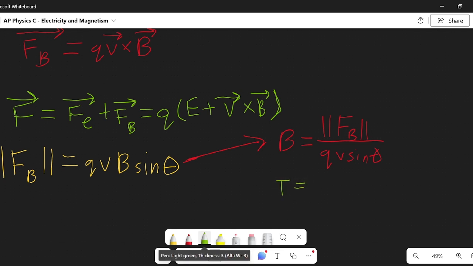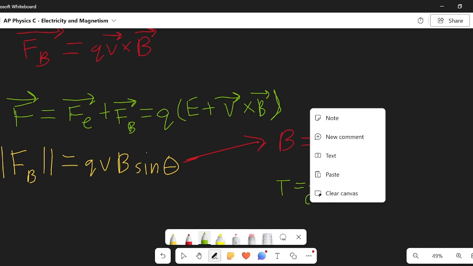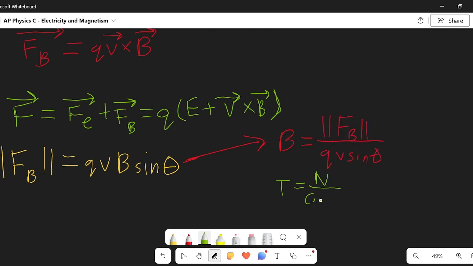And force is in newtons, charge is in coulombs, and velocity, sorry, the whiteboard is so laggy sometimes. Velocity is equal to meters divided by seconds, and sine theta, because we covered in the first lesson for unit analysis, doesn't have any units, right?